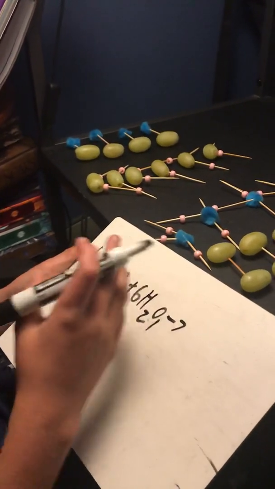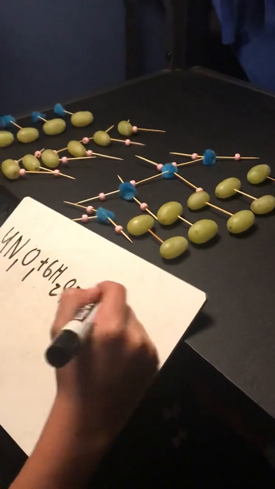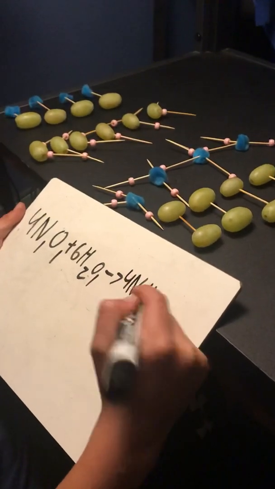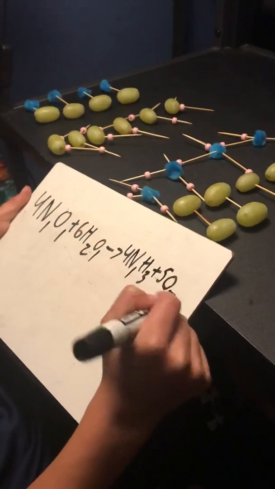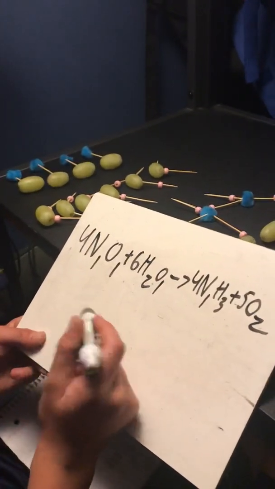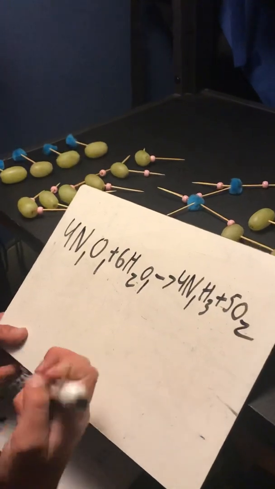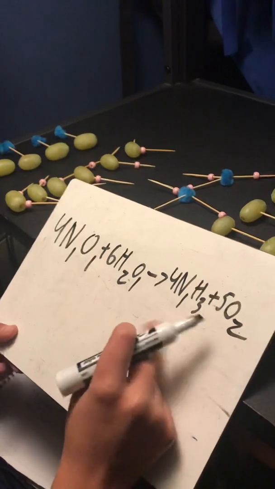And we can zap it to make 4 N1H3 and 5 O2. So that's our final answer. 4 N1O1 and 6 H2O1, arrow, which is the equal sign, the zap zone, and the balancing sign, equals 4 N1H3 and 5 O2.